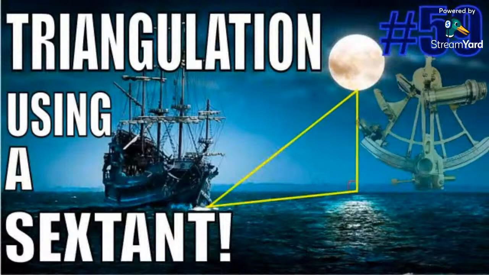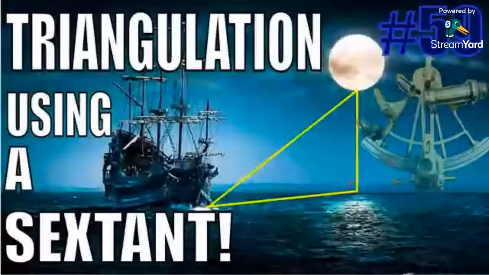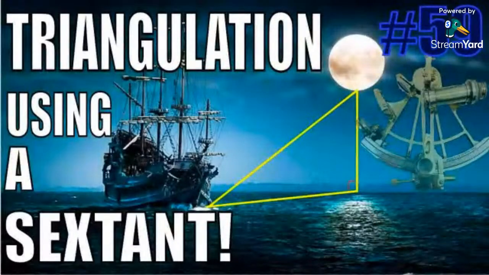Mike Zunich says in the chat, no bendy lines allowed at Flat Earth School. Correct. When we're doing something like triangulation, no bendy lines allowed. And this show is called Triangulation using a Sextant, because that's absolutely what we do.